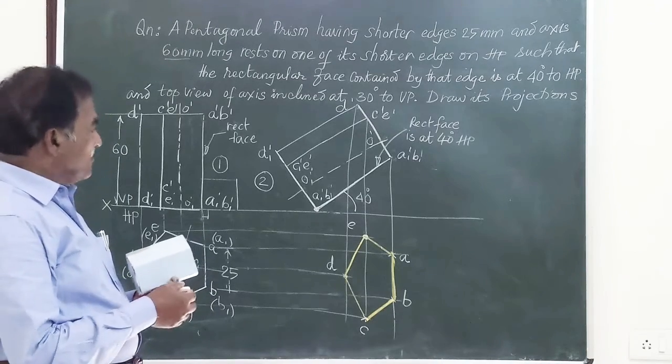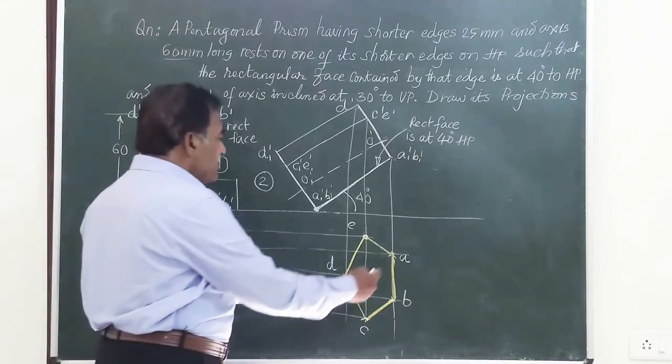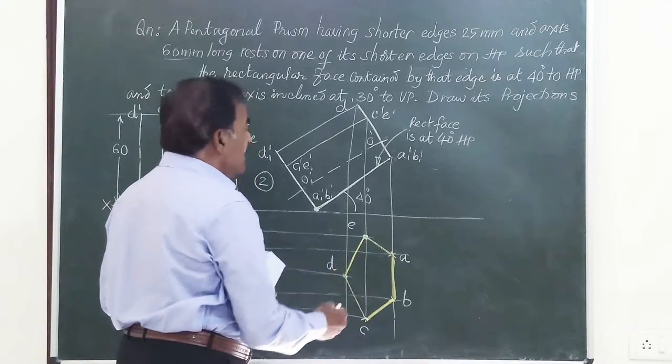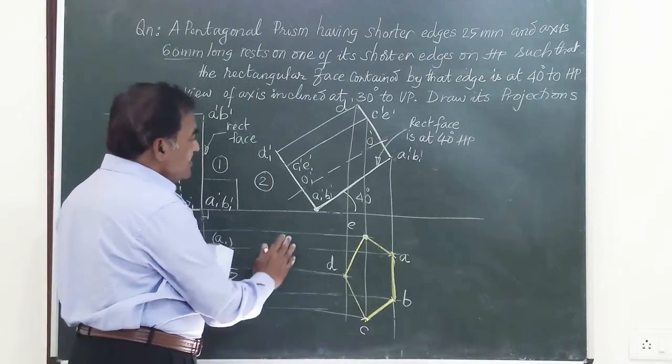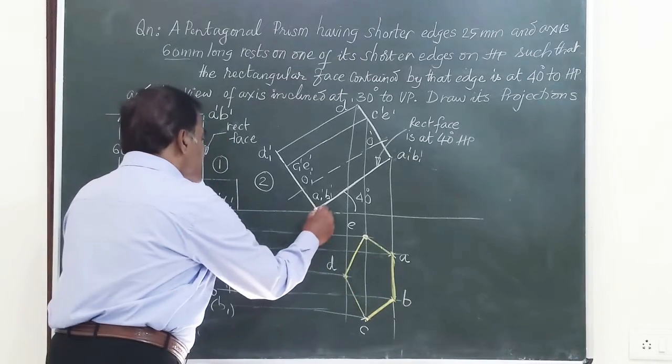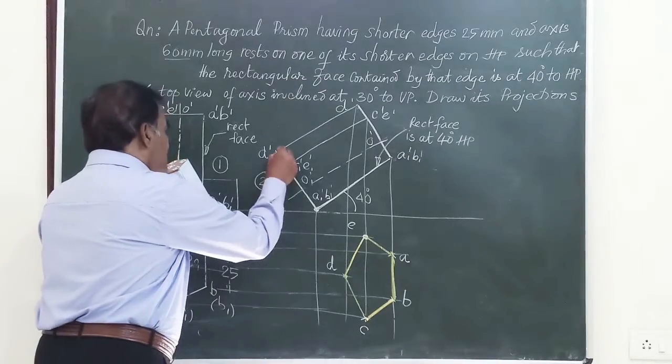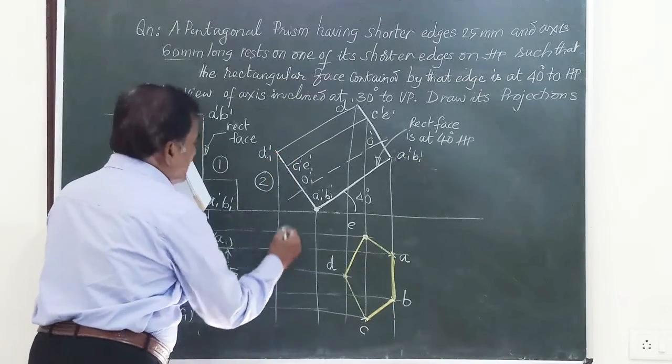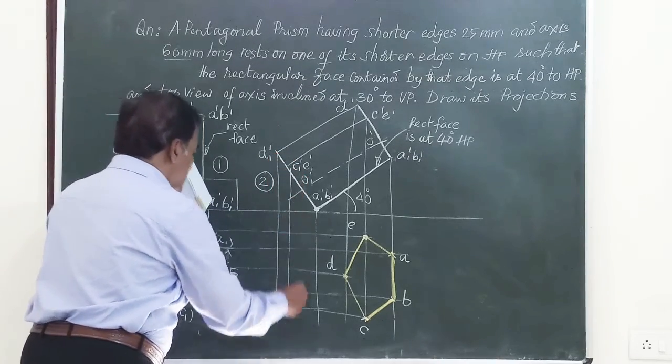Likewise, friends, for the bottom face also, you are going to have similar 5 points, and for the bottom face, the edges you obtain are exactly similar to this. So I repeat the procedure here and get the other 5 corners of the bottom face as shown below.